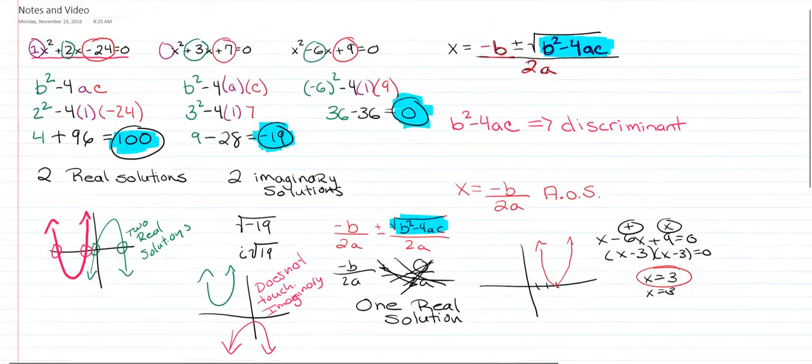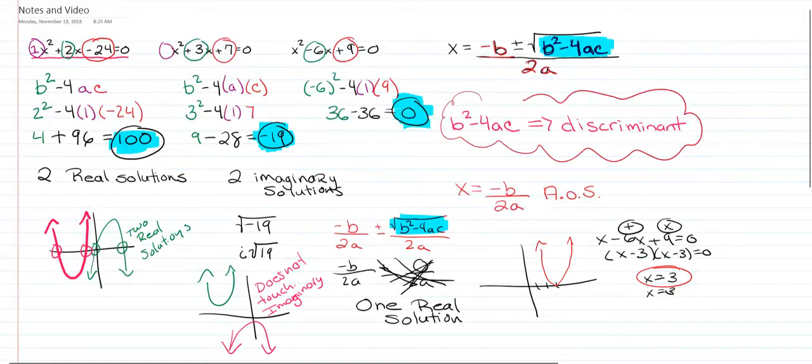So b squared minus 4ac is the discriminant. That's what you will need to know. Again, it's part of the quadratic formula, so it's just something that you should know already. Now you just have to apply it to what it means to a question. And a question would be like, given this function, what type of solutions does it have?